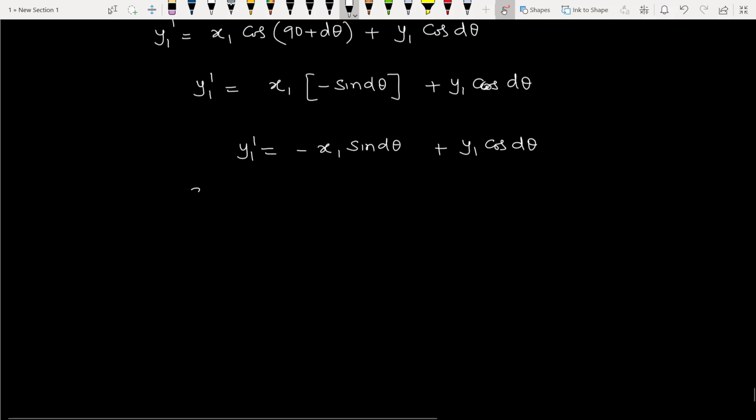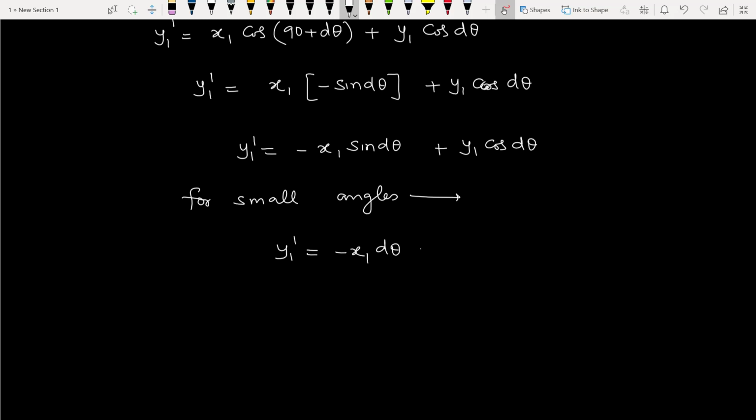So for small angles, again, sine d theta is d theta and cos d theta is 1.